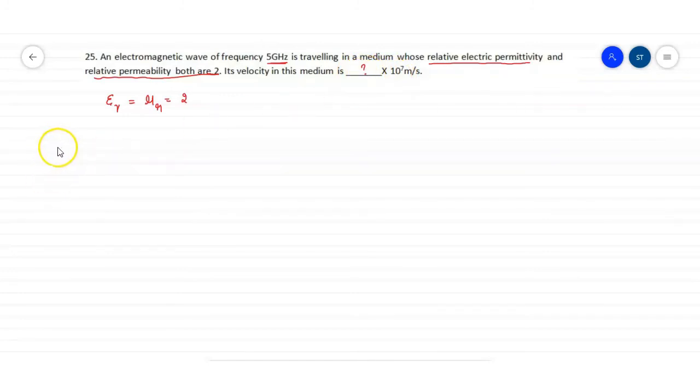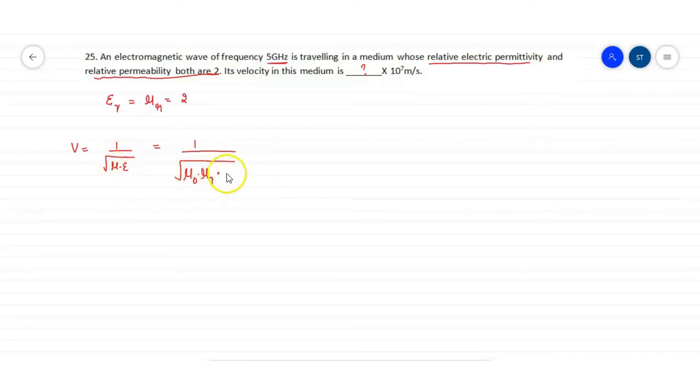So generally velocity of electromagnetic wave in any medium is given as 1 upon root of mu into epsilon. Mu can be written as mu r into mu naught, relative permeability into mu naught. So this can be written as mu naught into mu r.